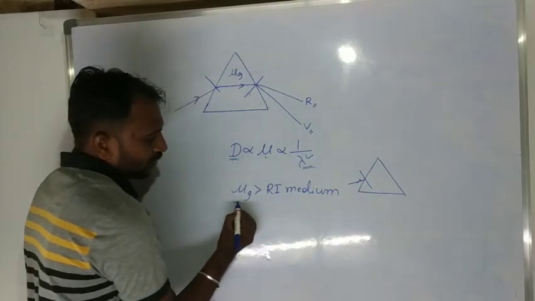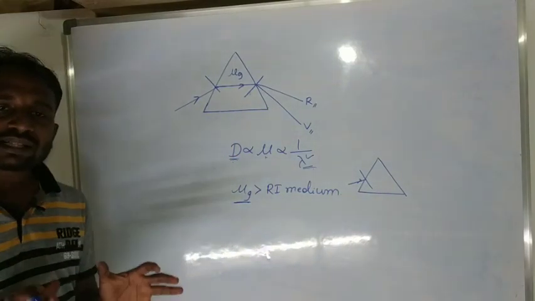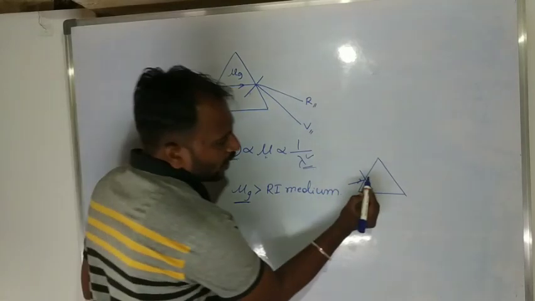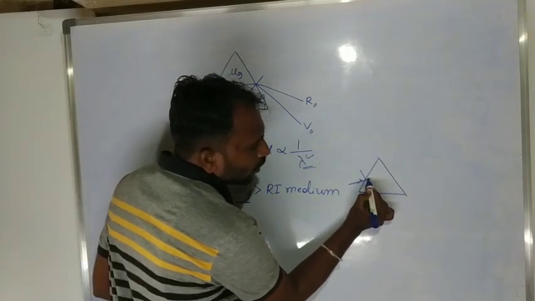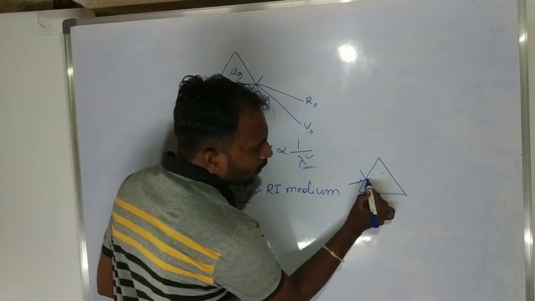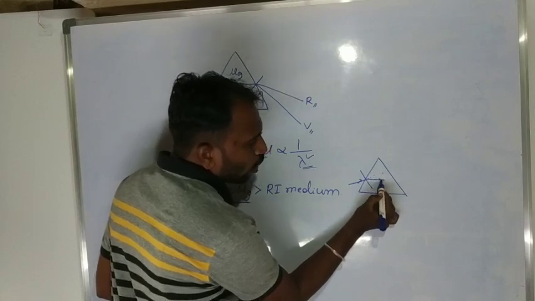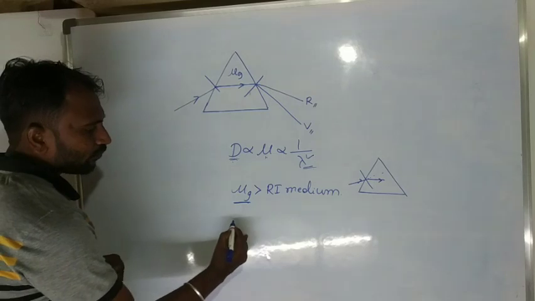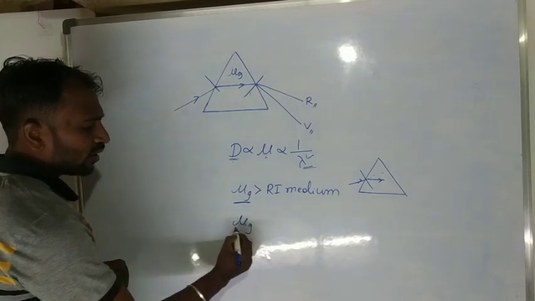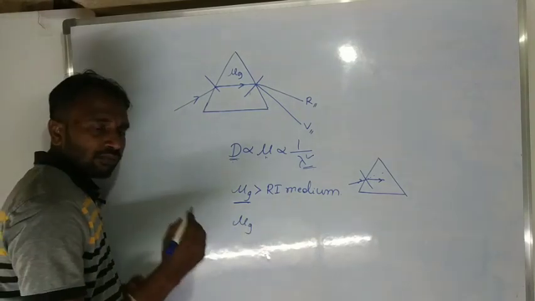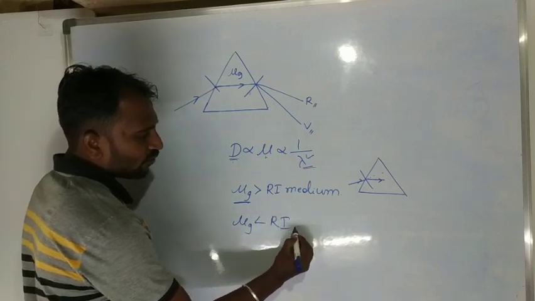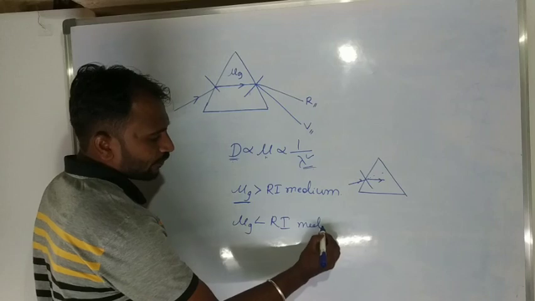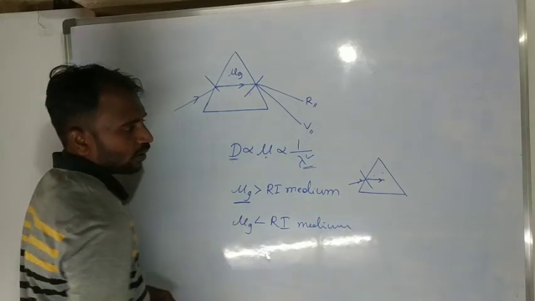When the refractive index of the material of the prism is maximum, what happens? The refracted light ray bends towards the normal. Suppose the refractive index of the glass, the material of the prism, is less than the refractive index of the medium.